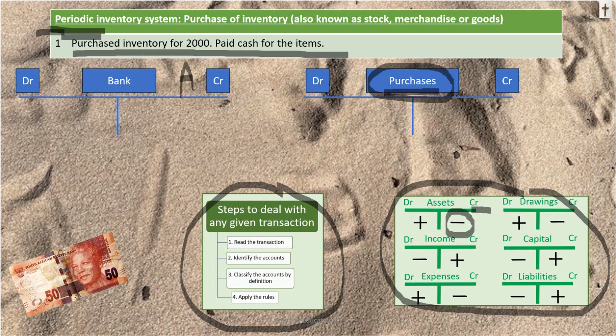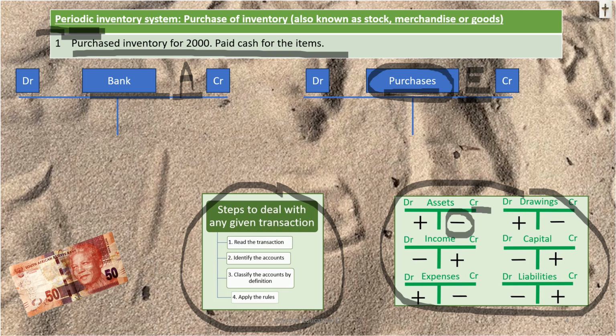And in the periodic inventory system, the purchases account is treated as an expense. So now we have identified our two accounts. We've actually classified them as well. Bank is an asset and purchases is an expense.